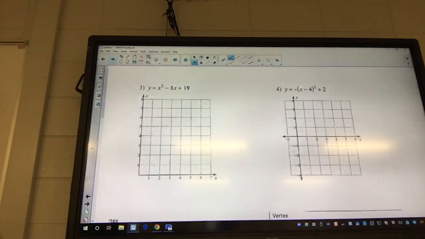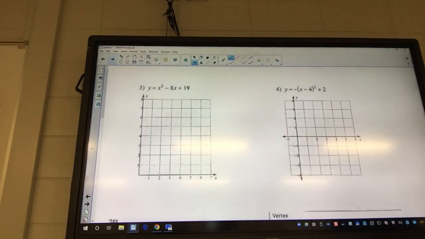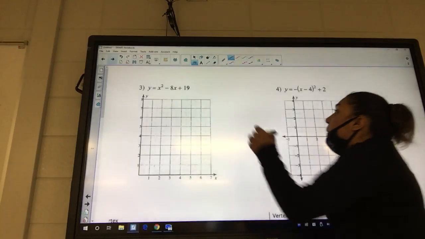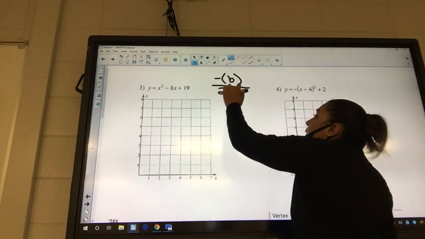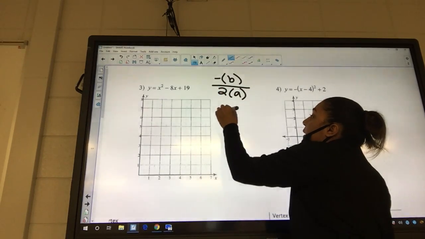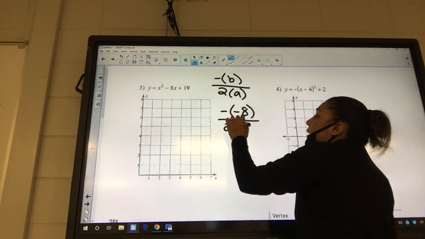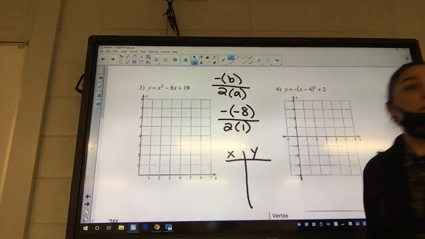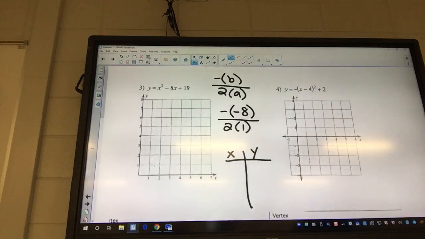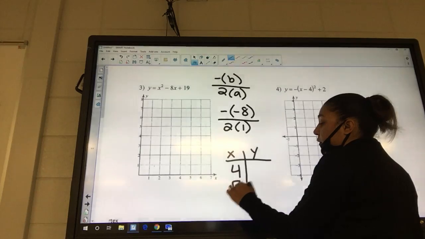Okay, look at 3. Is this standard or vertex form? It's standard form. There's no parentheses. So we need to find the vertex first. What's the formula? Negative b over 2a. What is our b? Negative 8 over 2, and our a is 1. Okay, type that in and see what you get. 4. Okay, and then we pick 2 more numbers. 5, 6.